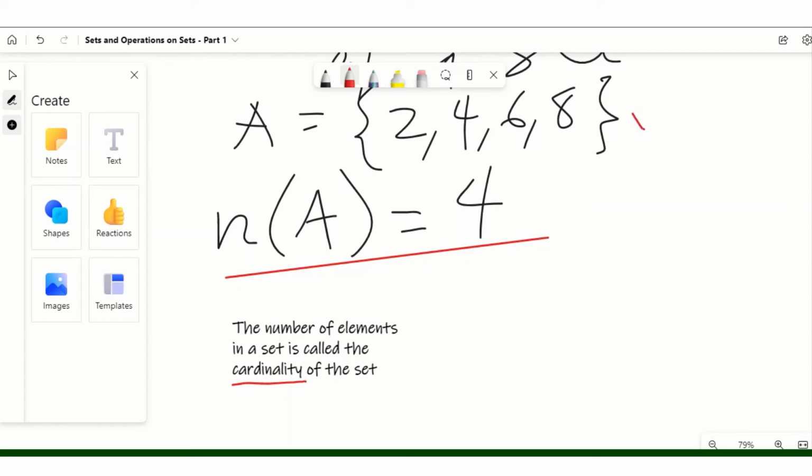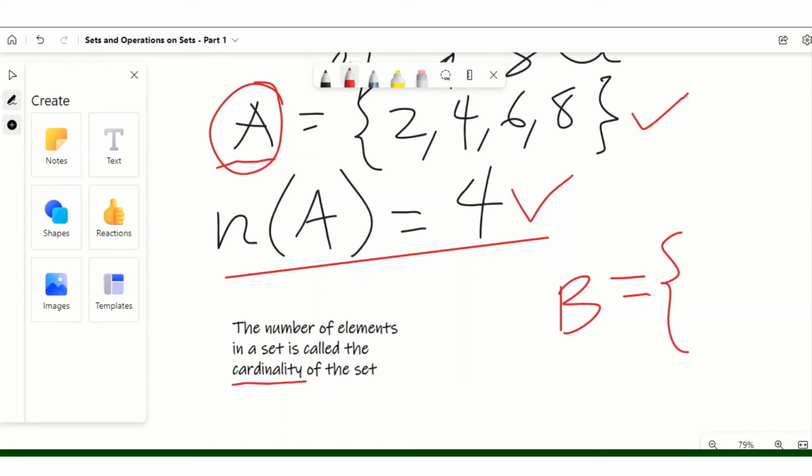So I can ask you this question: what is the cardinality of the set A? The cardinality of the set A is what? 4. You get it? Let's say I have another set, B, then I have the set 3, 5, and 7.